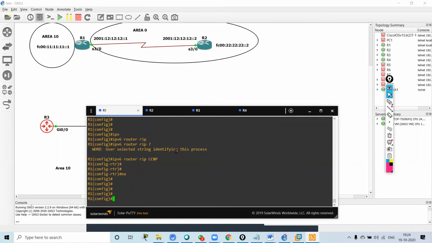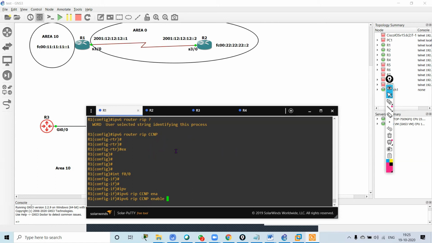Now the name used for the process ID should be the same in order to exchange the routes. This is the process ID name. Okay, so I'll say interface FastEthernet 0/0, IPv6 RIP CCNP enable.